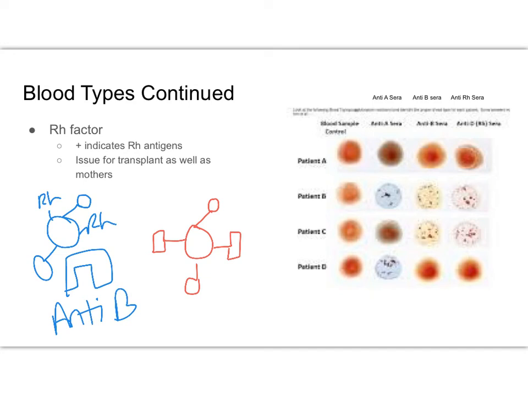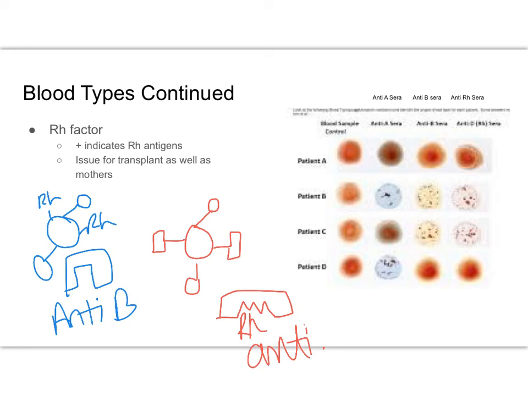At first, I don't make any RH factor antibodies. But if I am ever exposed to RH factor, I'm going to make RH antibodies. And where this really becomes an issue, it's an issue for transplants. So that's why they want to match positive to positive, negative to negative.